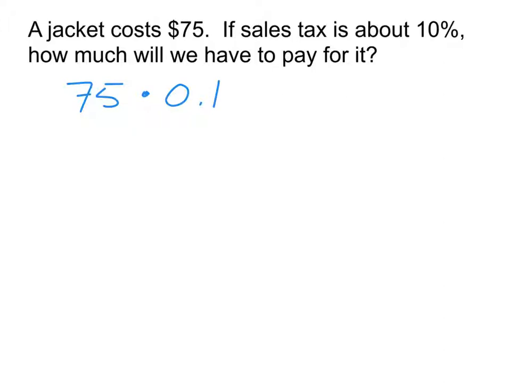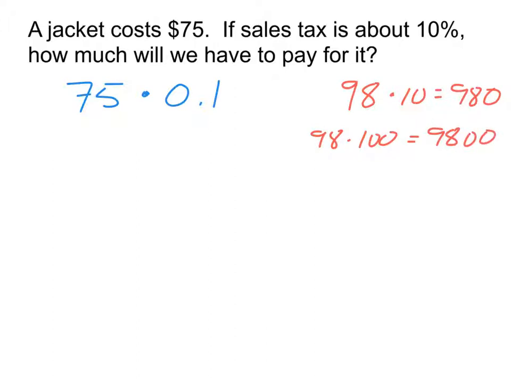I'm going to take a random number here. I'm going to make it 98. What's 98 times 10? That's 98 with 1 zero after it. What's 98 times 100? A 98 with 2 zeros, so 9,800.